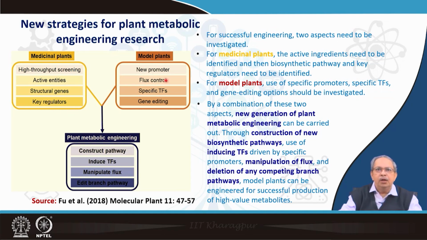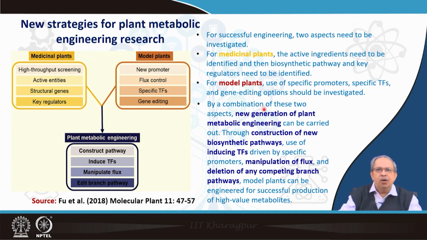Alternatively, if you use the model plant to produce the desirable product, then you have to hire the specific gene and use a specific or new promoter, so that it expresses well in the model plant. There may be a need for controlling the flux by specifically overexpressing a transcription factor, or in some cases gene editing will be required.